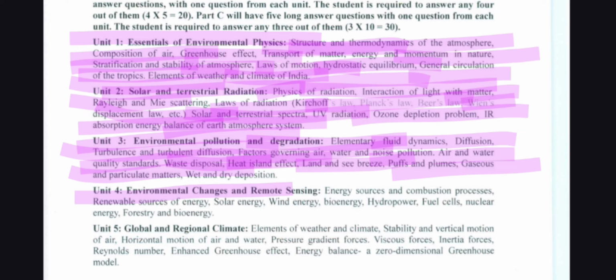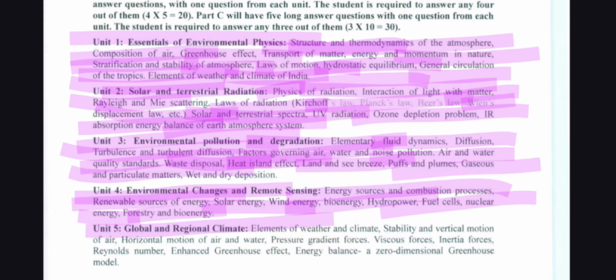Unit 4 is environment change and remote sensing, energy sources and conversion processes, renewable sources of energy, solar energy, wind energy, bioenergy, hydro power, fuel cells, nuclear energy, forestry, global.